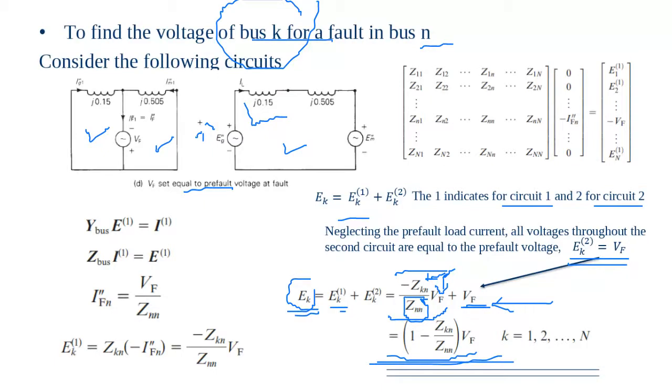So after time it will be faulted. Because we are calculating the sub-transient at the beginning, we need to include the voltage before the fault, because that was the voltage before the fault. And it's a very short period, maybe 2 or 3 cycles only. At the end, of course, the voltage will be zero, so VF will be zero.